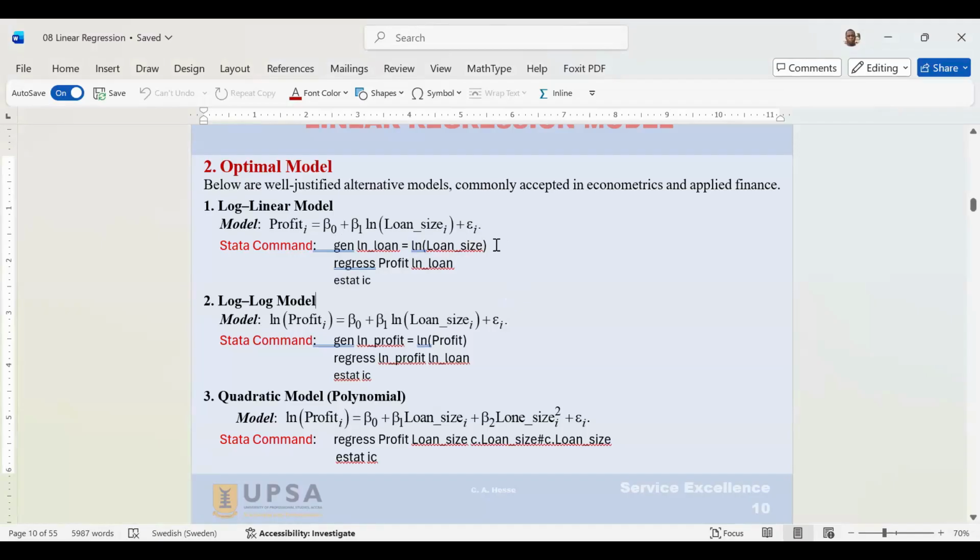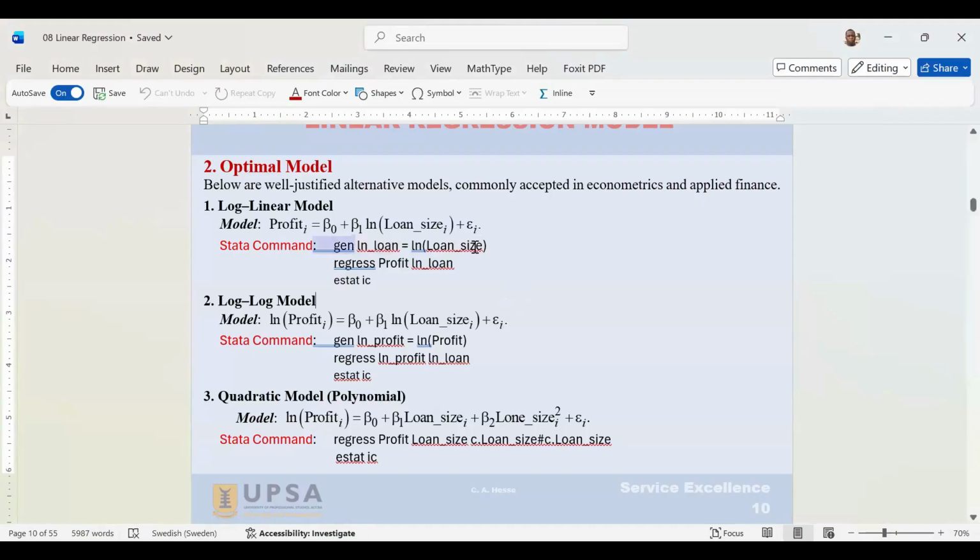Prof, I believe the purpose is to check if, after finding the natural log, there will be a linear relationship between the two. Exactly so. Because with the original variable, there was no linear relationship between the two. So now we are transforming the independent variable by finding the natural logarithm.